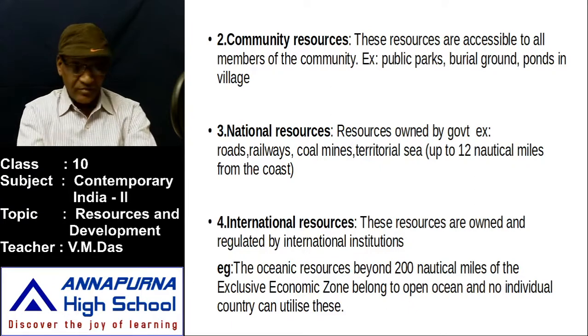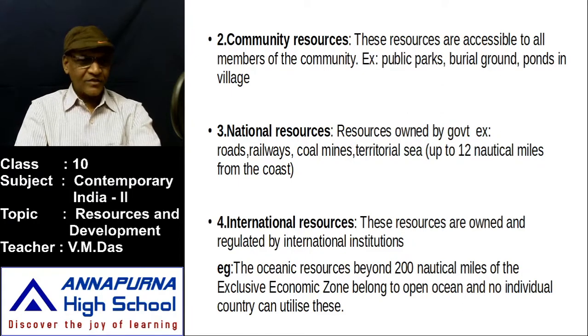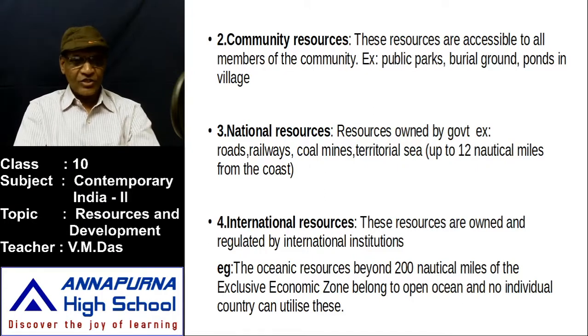So the UNO and other international institutions enjoy power over the international resources. What comes under international resources? Oceanic resources beyond 200 nautical miles of the exclusive economic zone belong to the open ocean, and no individual country can utilize these oceanic waters. International institutions will control them. The UNO has many other branches working under it, and those branches and institutions can control these oceanic resources.